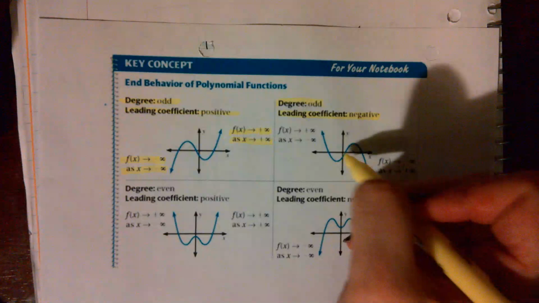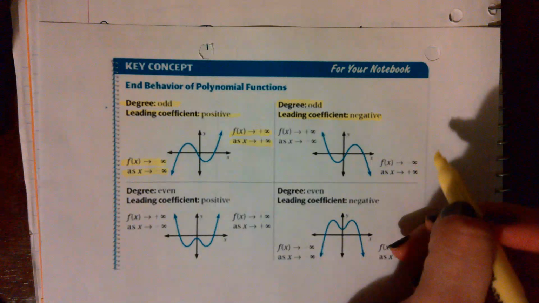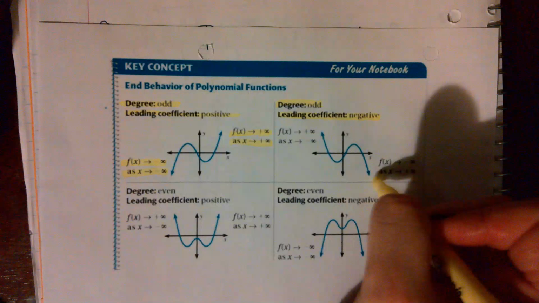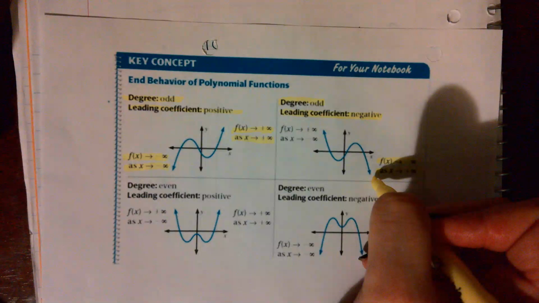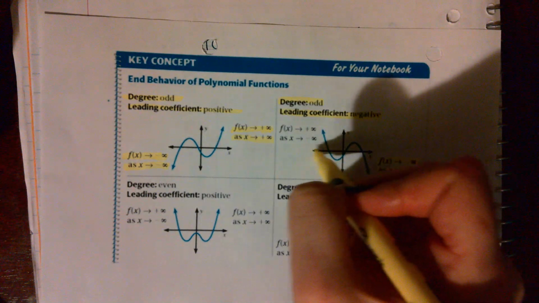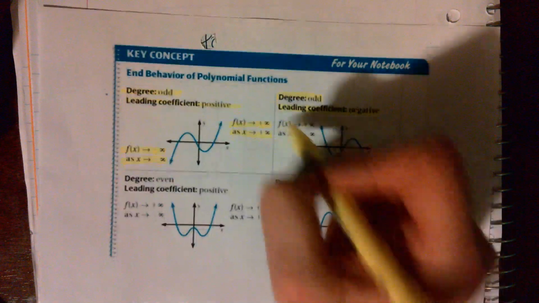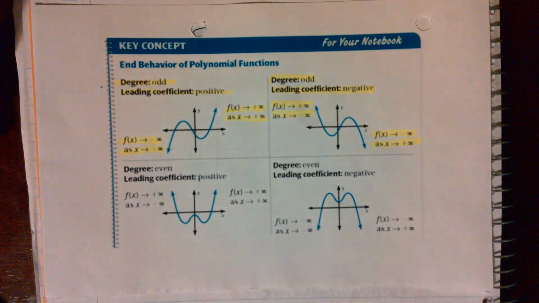So as x is going towards positive infinity, my f of x is going towards negative infinity. It's going down. As I travel left towards negative infinity, as x goes left, my graph is going up towards positive infinity.